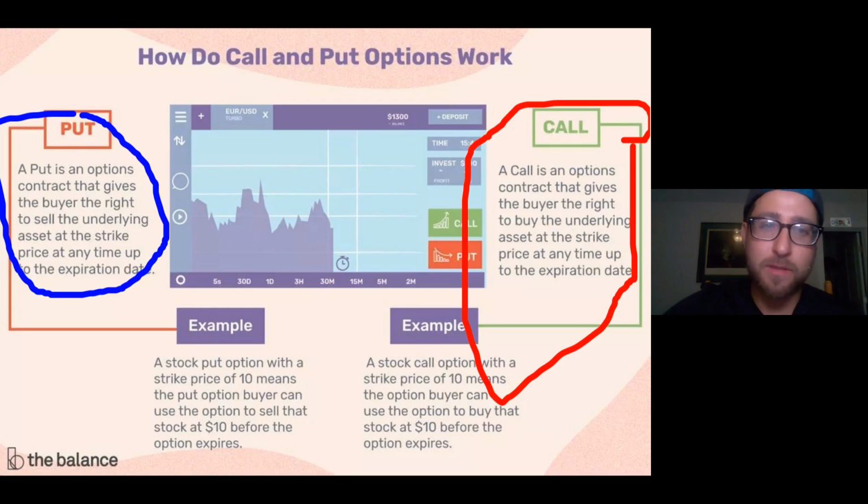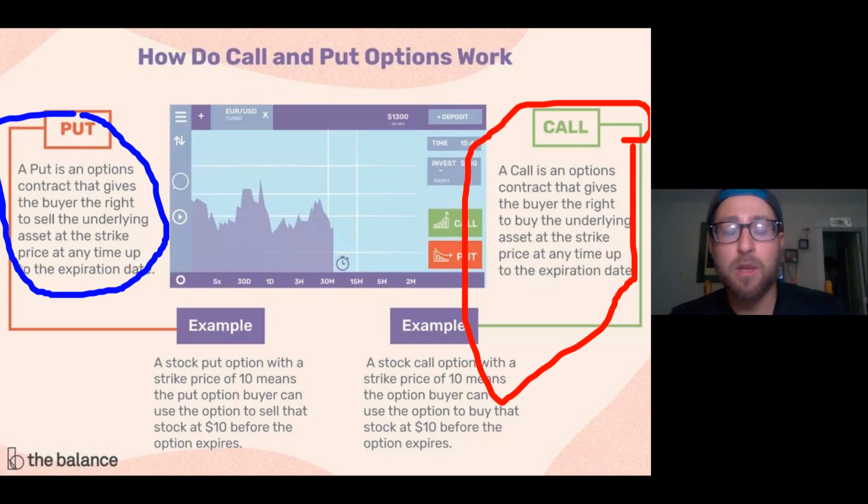And a put option is the opposite of that, which is the right to sell. So basically, with a call option, it gives you the right to buy at the underlying strike price at any time up to your expiration date of the contract.